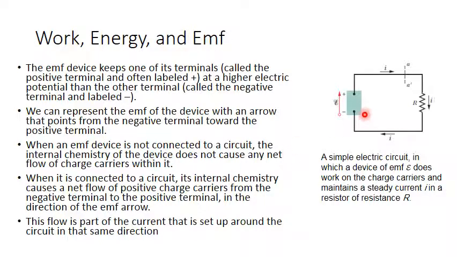So once it has been connected, positive charges from the negative side will flow towards the positive terminal. Positive charge, not negative, from the negative terminal will flow towards the positive terminal.